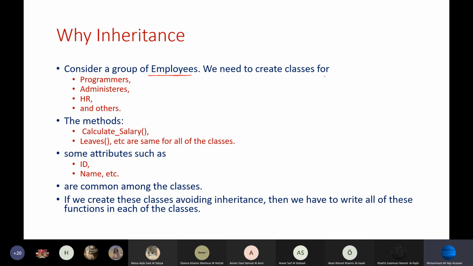We need to create a class for a programmer, an administrator, an HR specialist, an accountant, any other jobs, and others, of course. Assume that the methods are calculate salary, calculate the leaves and some other features. Of course, all of them have names, and all of them have IDs.